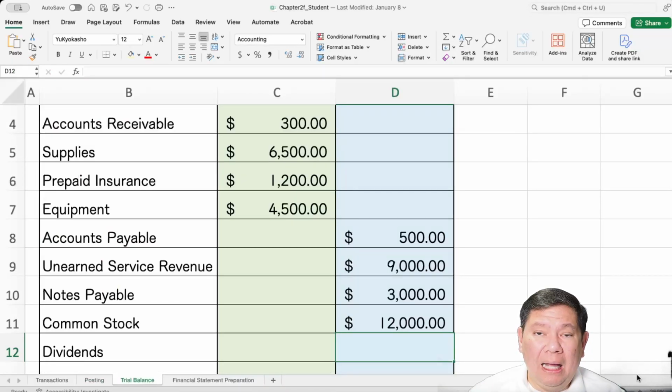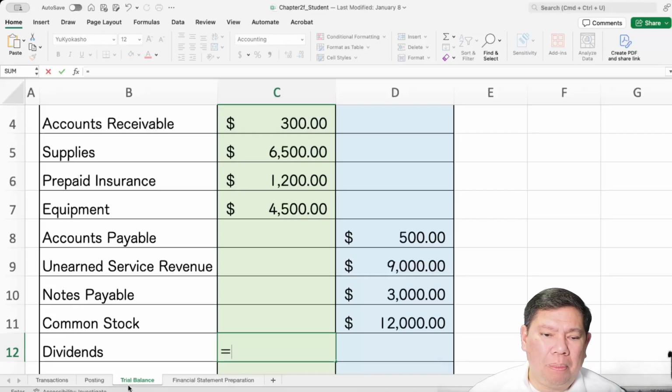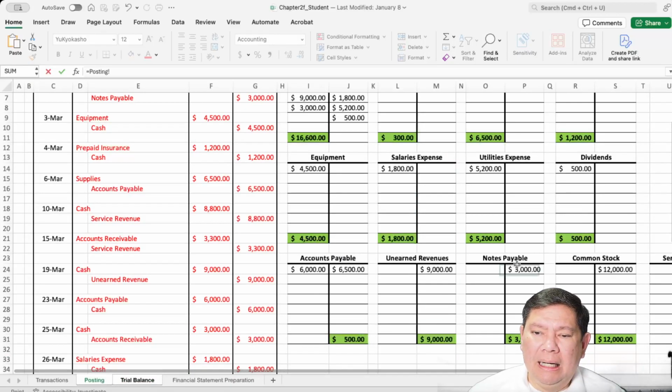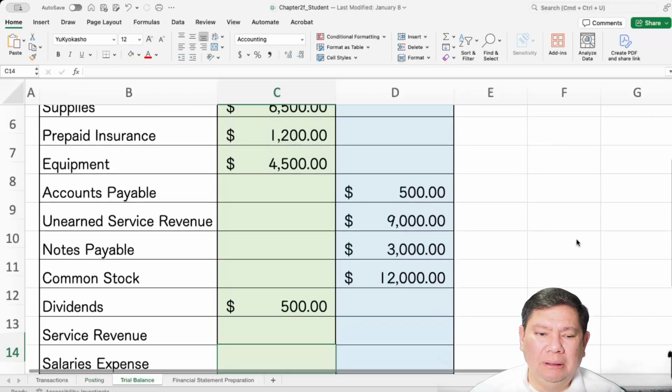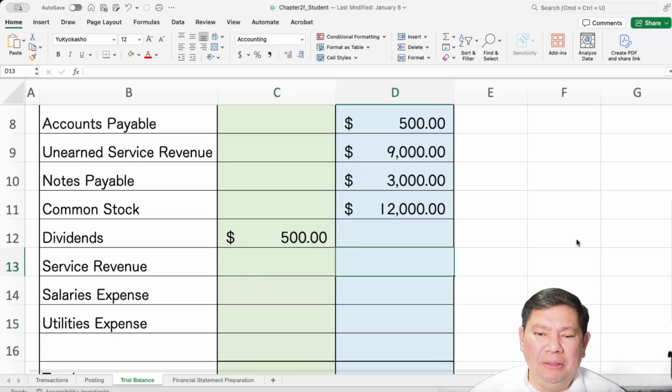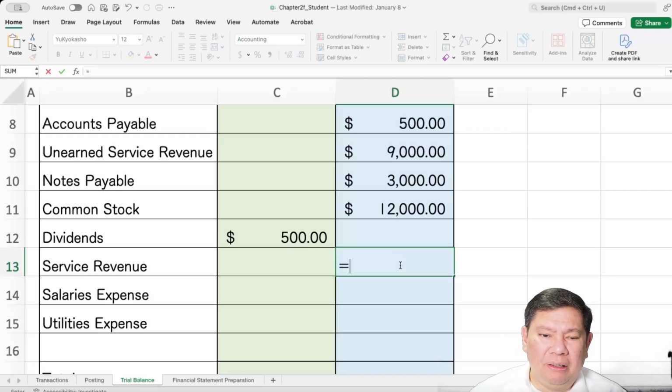$12,000. Now dividends, because dividends reduce retained earnings and equity, it must be on debit. That's our dividends there. Service revenue, because revenues increase retained earnings and equity, we put it on credit.